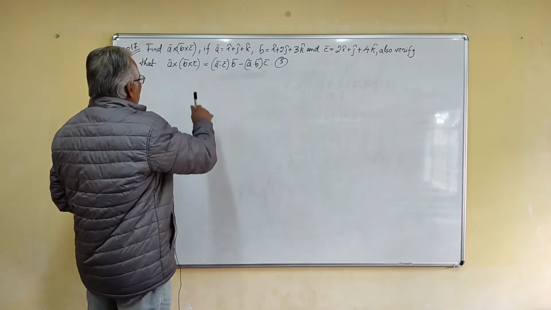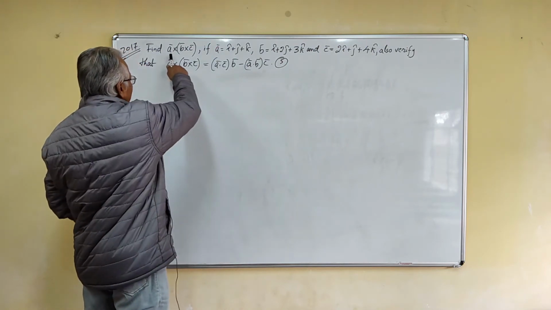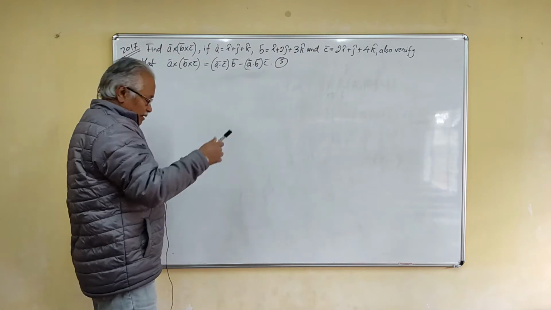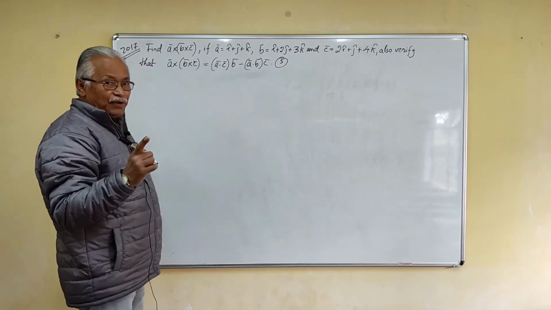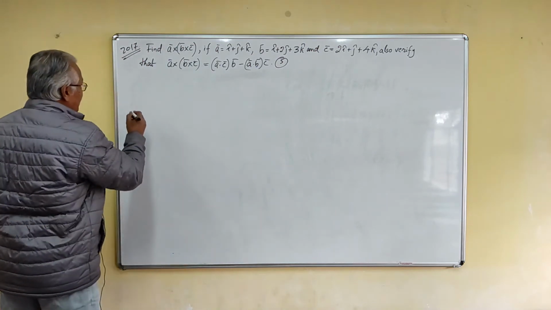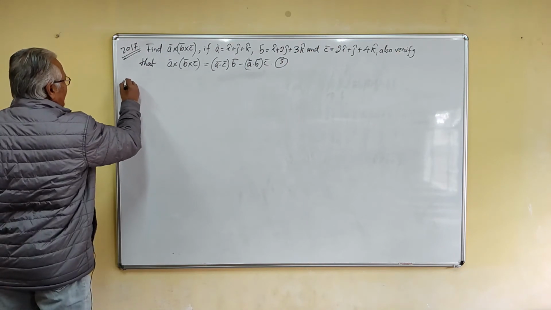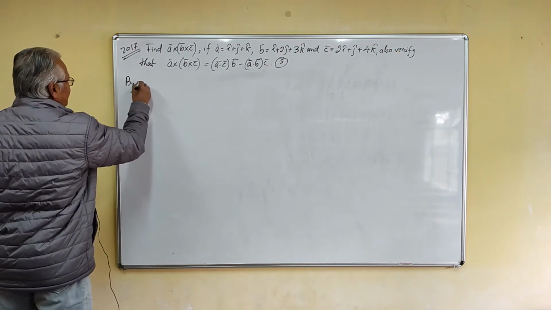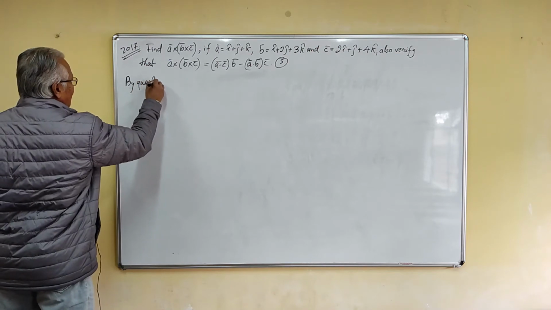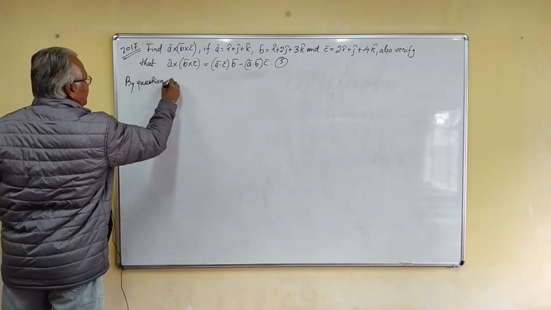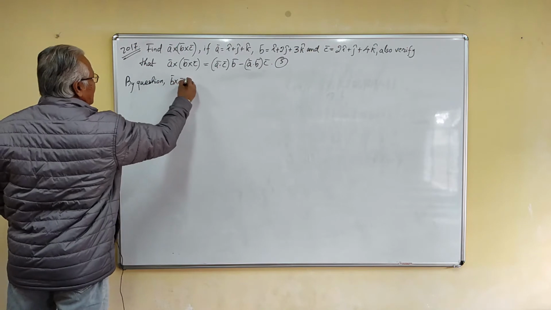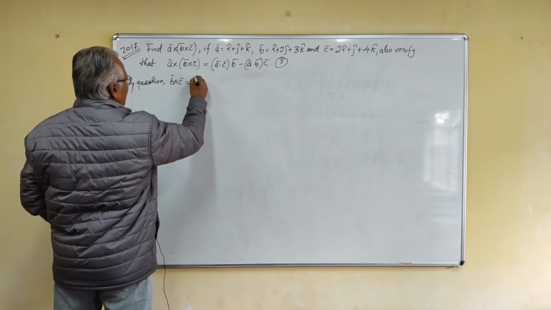Now, since we are to find out the value of A cross (B cross C), let's first try to find out the value of B cross C. B cross C will be equal to what?